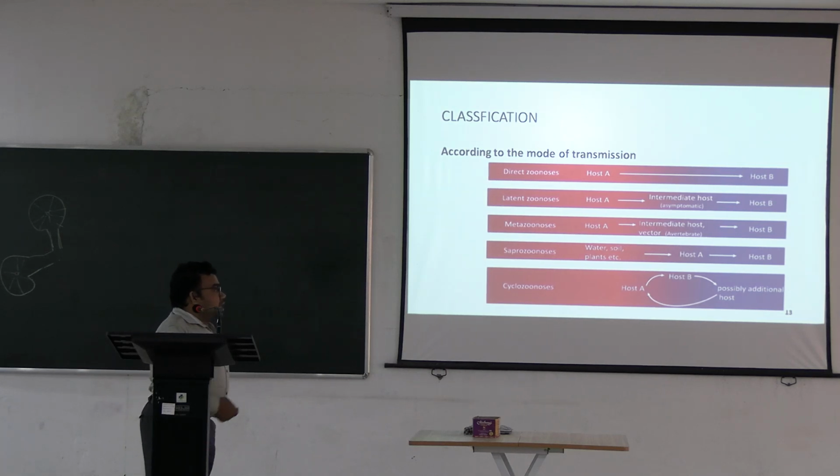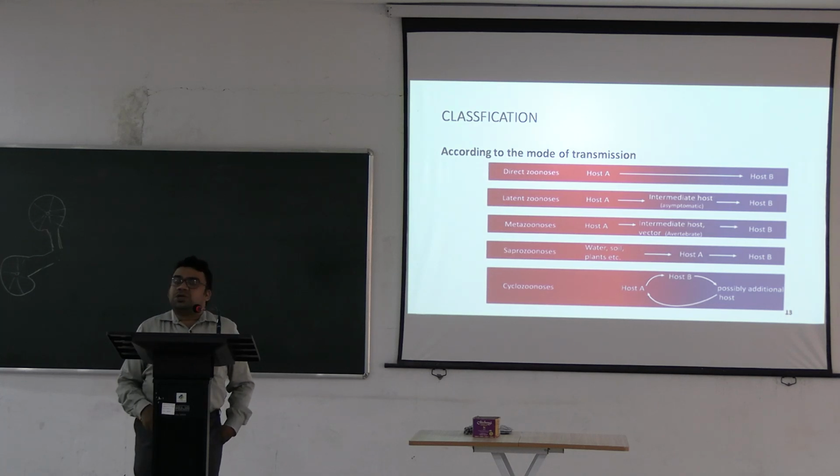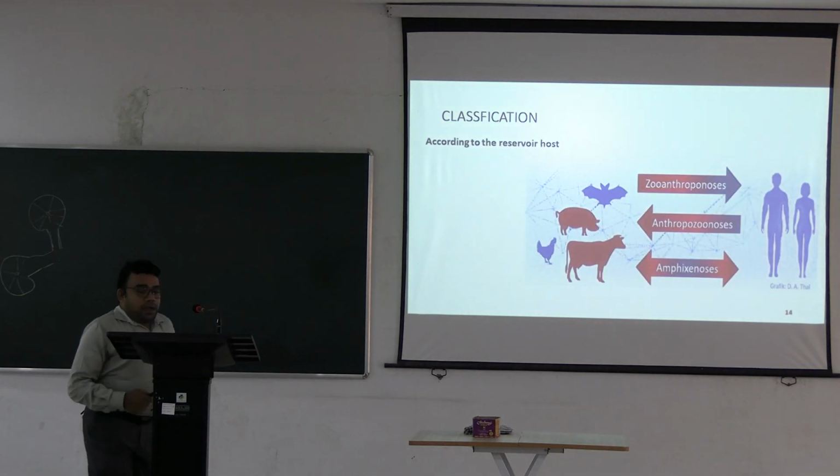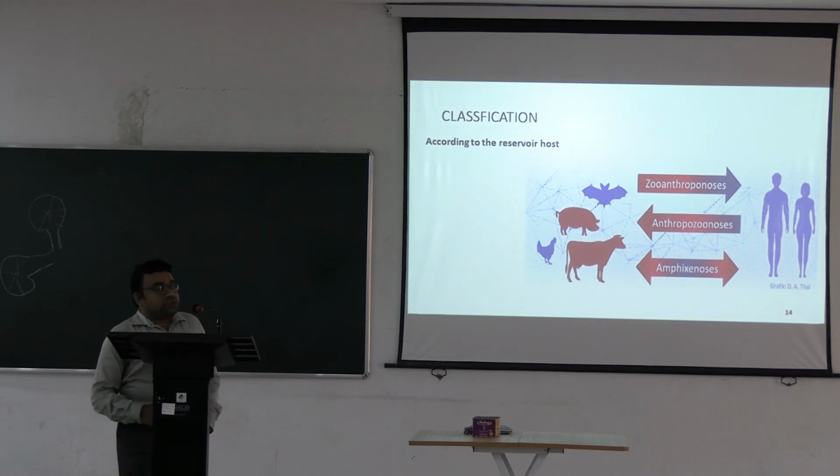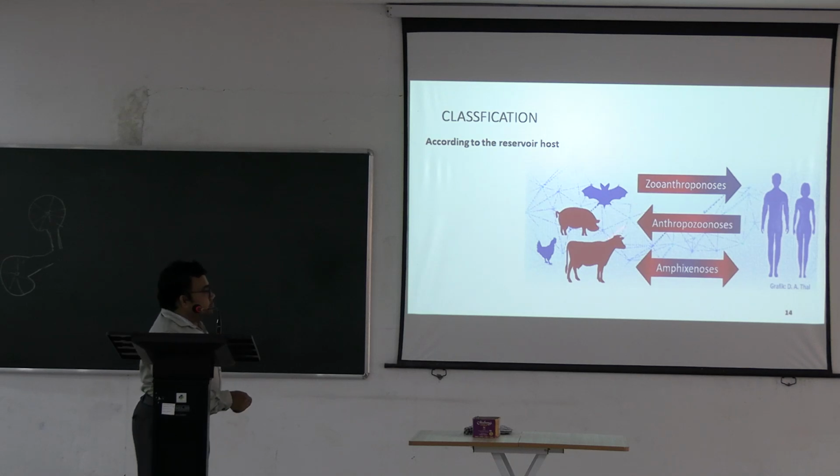Another is called cyclozoonosis. Cyclozoonosis means the transmission is going on between one type of host to another type of host, and there might be a possible additional host which may or may not be confirmed. Again, we can also classify the zoonosis based on the reservoir or the source, like zooanthroponosis. Zooanthroponosis means all the diseases which are transmitted from animals to human beings.